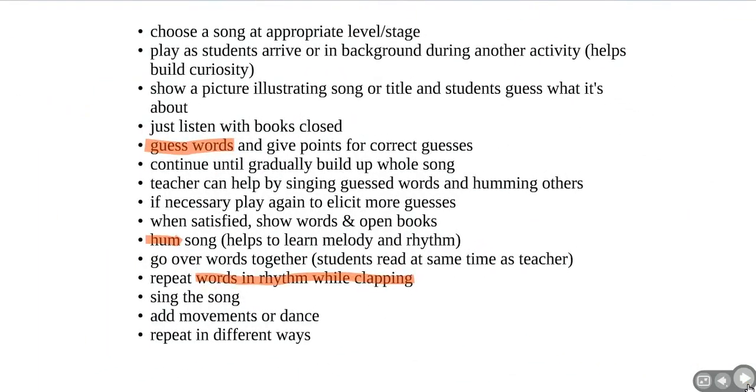Other than that, we could provide context, listening and guessing, focusing on the tune and the rhythm by humming, clapping in rhythm with the words, or by adding movement or dance. Please look over these suggestions here, as they may help your students to participate more in class.